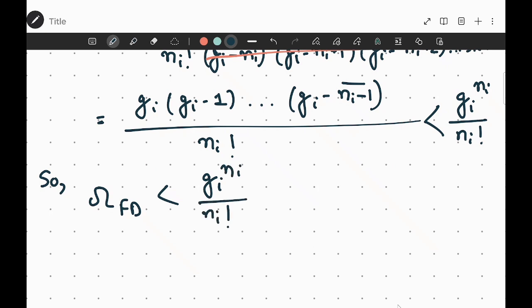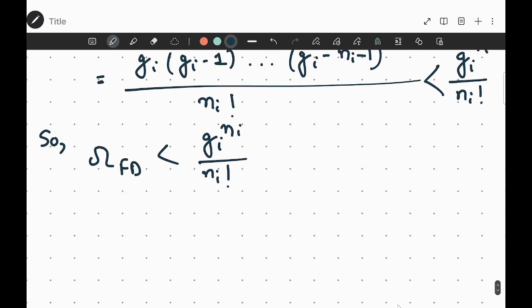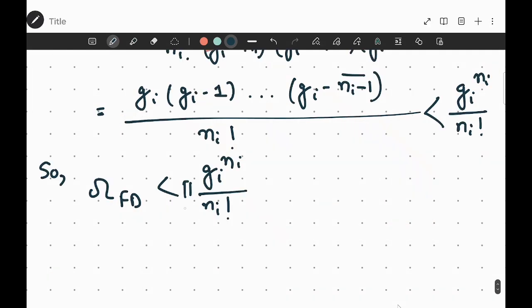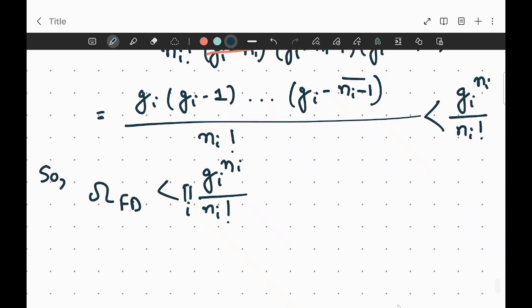Okay, correct. You can write it, not gamma Fermi-Dirac, sorry, this part. In case of gamma, you have to take the sum over i. So is it correct? Check it. This part is less than this.